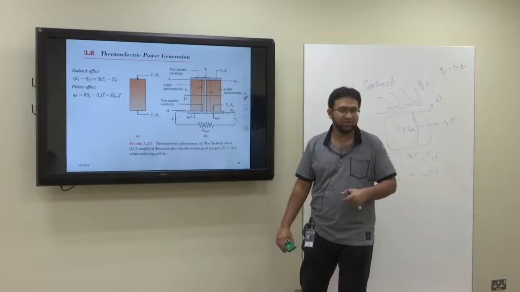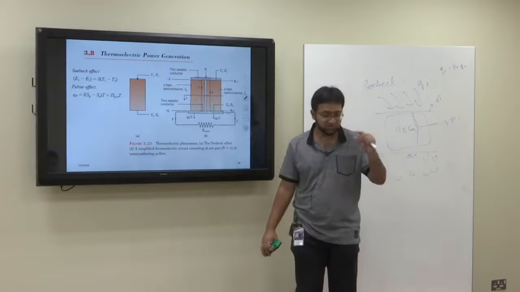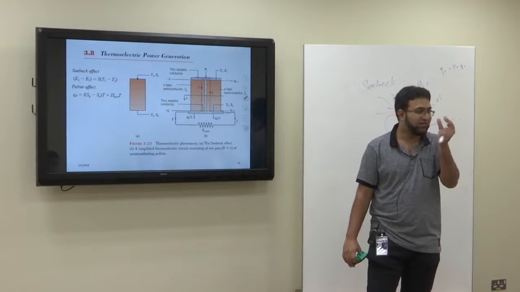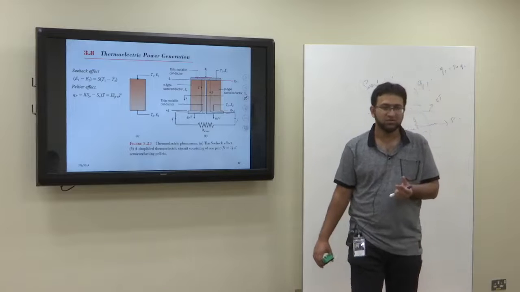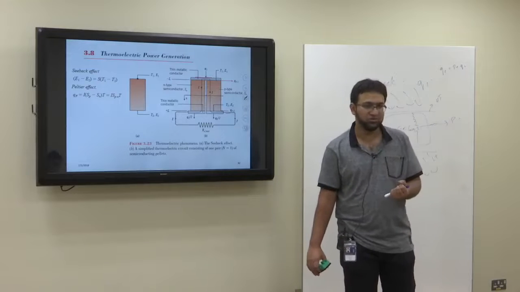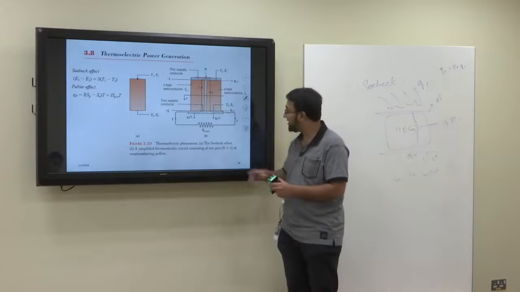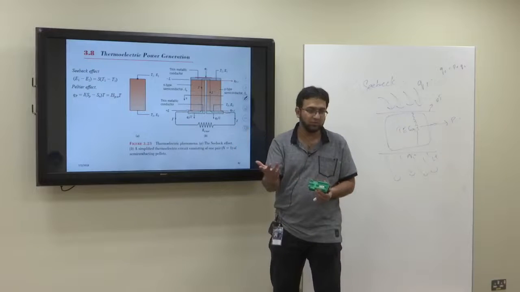Insulation is important. In these thermoelectric power generator modules you'll see a white thing, top and bottom. That white thing is the insulation. Then we connect it with a circuit, and that circuit can take the load.